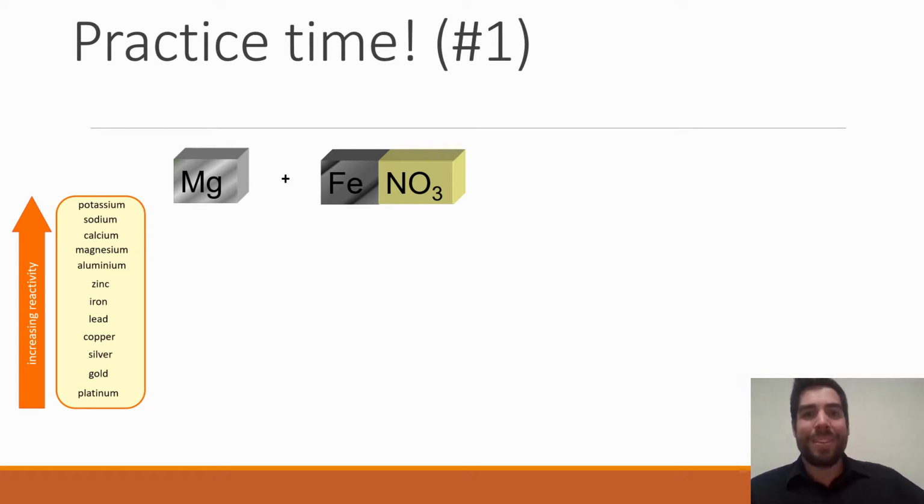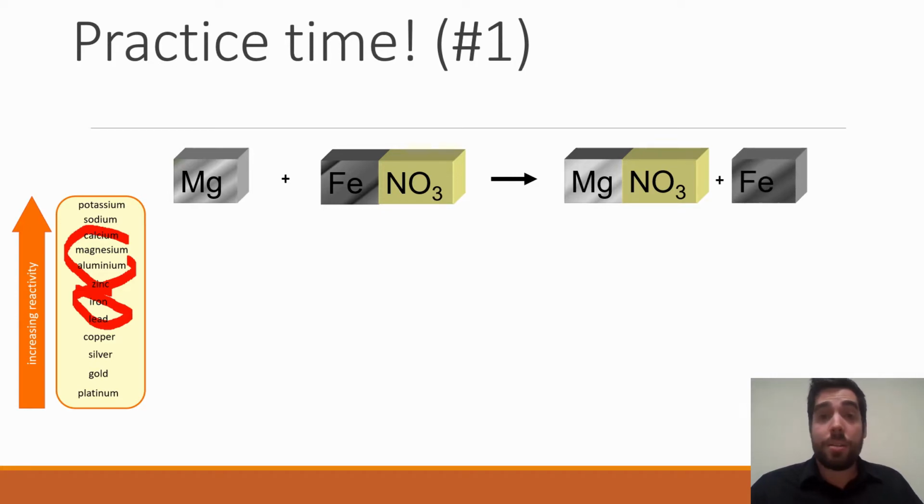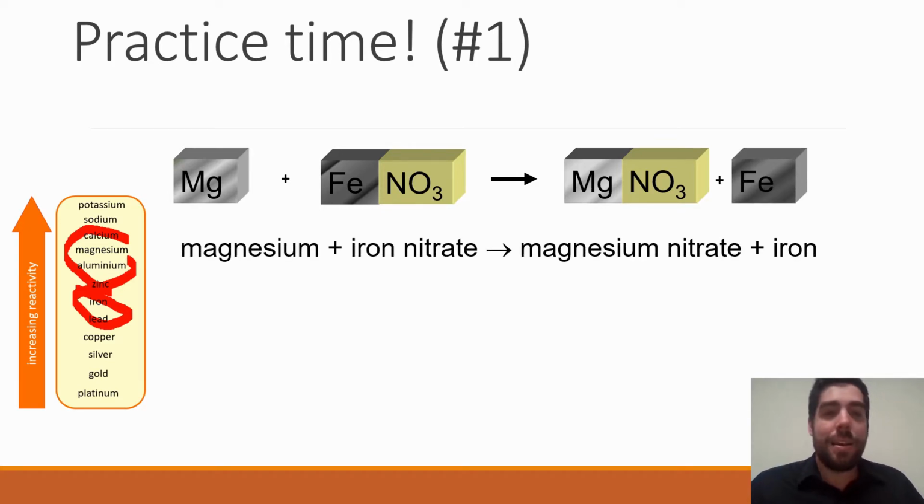All right, so looking at the reactivity series, we see that magnesium is up here at the top, and that iron is right there. My circles are a little bit off there. All right, so we know that magnesium is more reactive than iron, so there should be no problems with it displacing the iron. As we can see, that is the case.